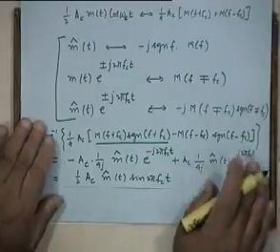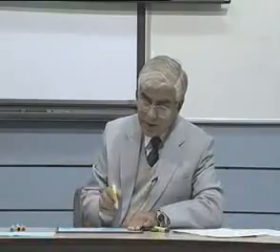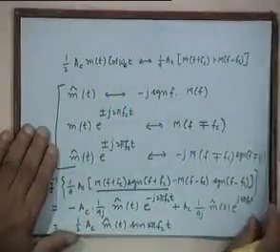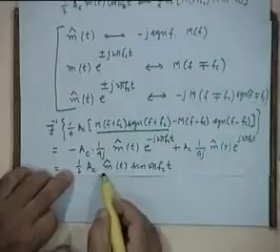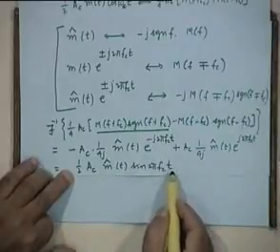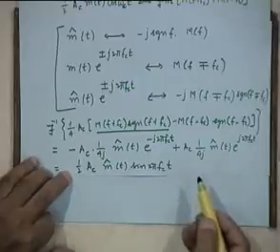The first two terms were equal to half AC mt cosine omega ct, and the last two terms are equal to half AC m hat t sine 2 pi f ct. Very interesting.